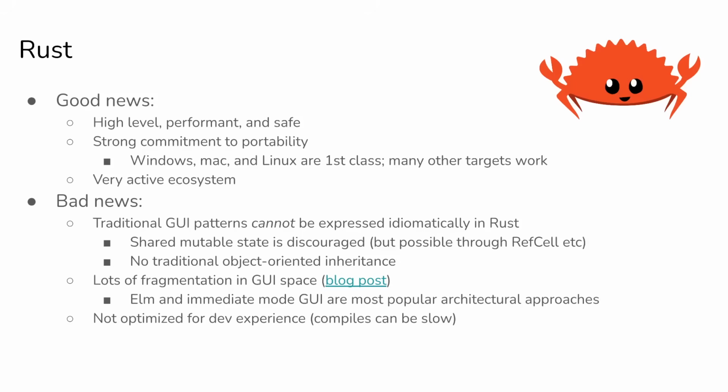And if you go back to certainly Smalltalk, early Apple, Cocoa, et cetera, those are all based on traditional object-oriented programming with inheritance. And again, you can sort of express those concepts in Rust, but it's really painful. It's not idiomatic. And in particular, shared mutable state has a lot of problems.